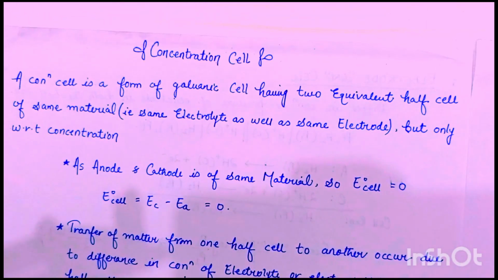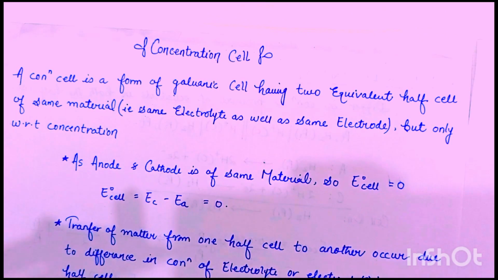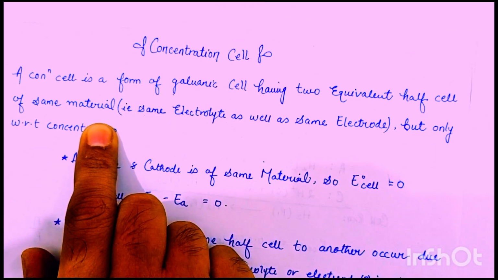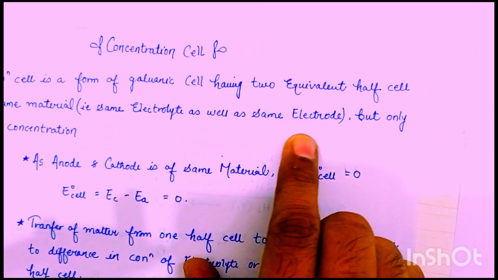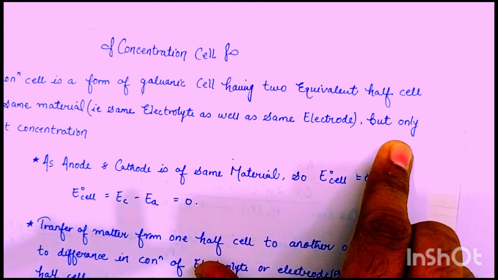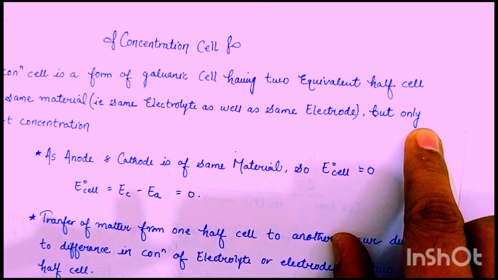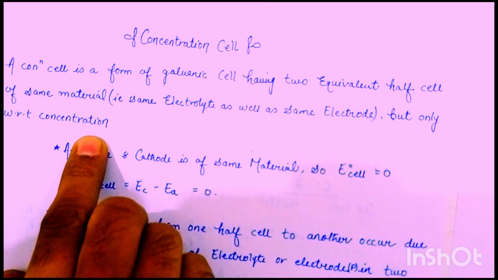A concentration cell, as the word indicates, is a form of a galvanic cell having two equivalent half cells of the same material, that is the same electrolyte as well as the same electrode, but only differing with respect to concentration.